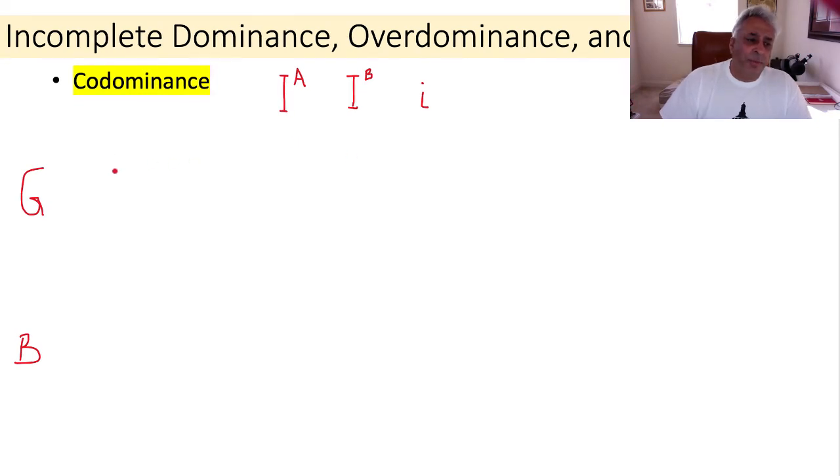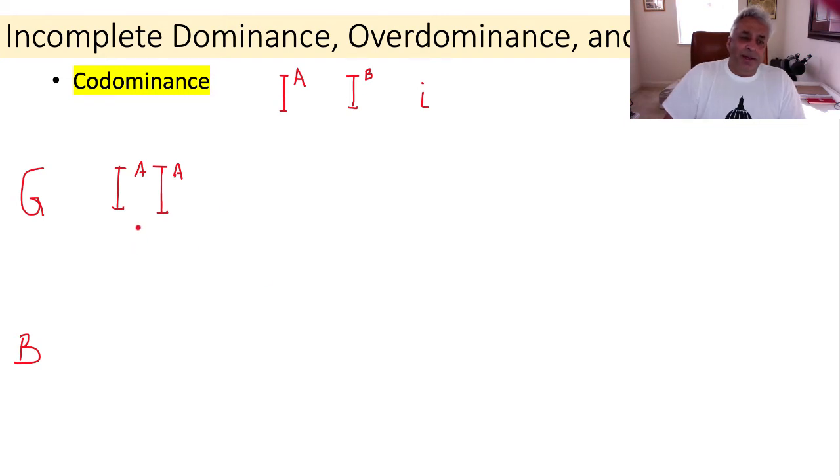So you could have somebody who has big A, big A. And what this does is that the big A codes for an enzyme, and that enzyme sticks on the surface of your blood cells a particular sugar. And that sugar is recognized by the immune system to be type A. Therefore, the immune system is educated not to attack type A because the cells have that on their surface.